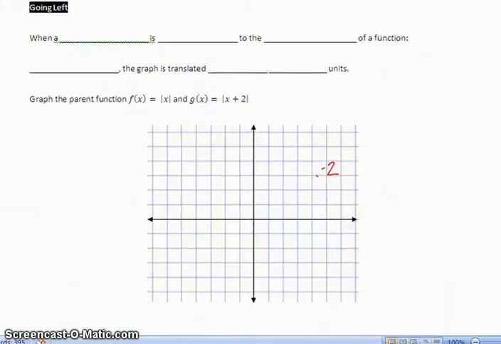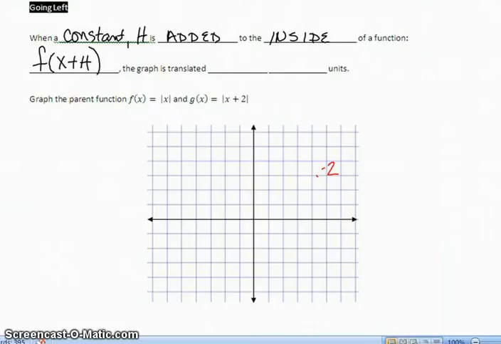Now, when we have a constant h added to the inside of a function, we're going to have f of x plus h inside whatever type of function that is.